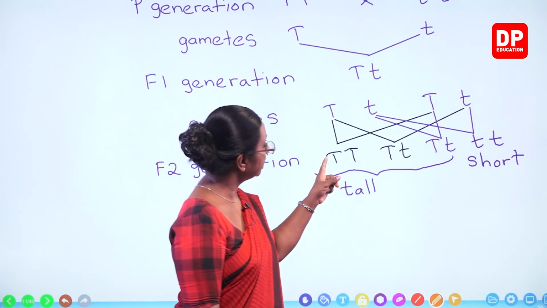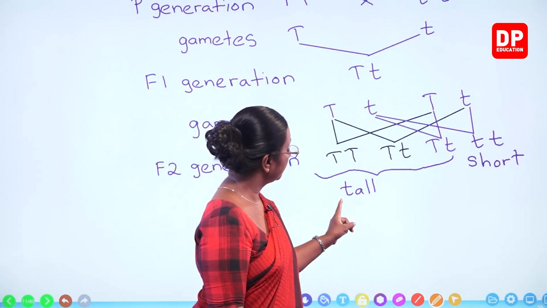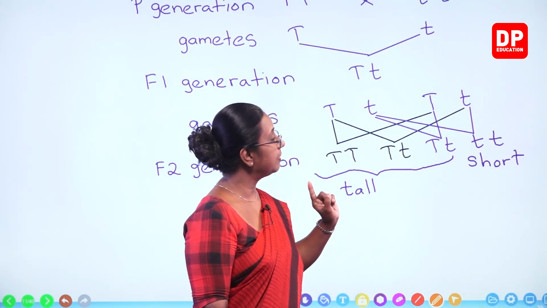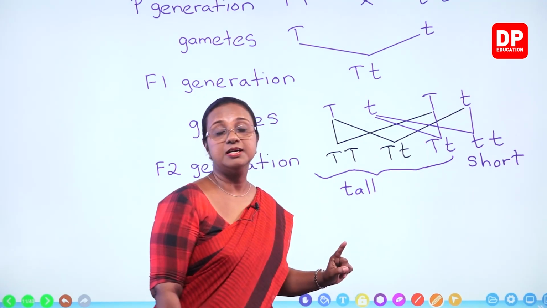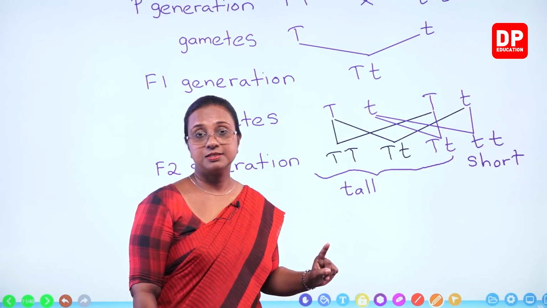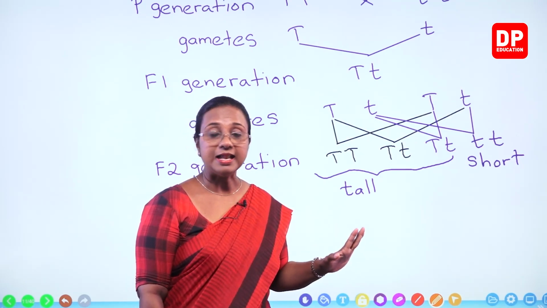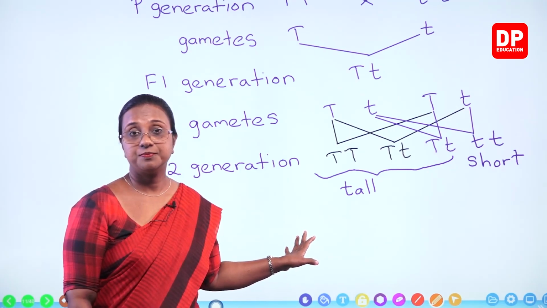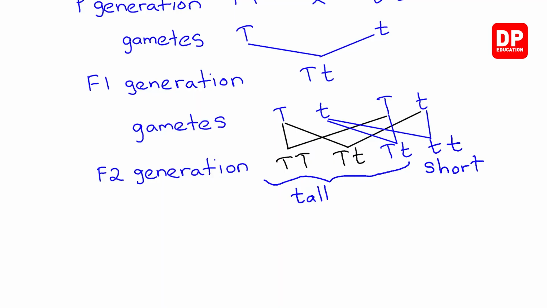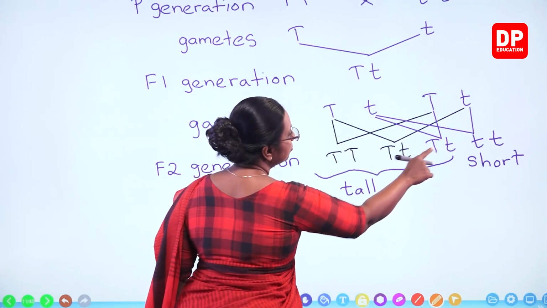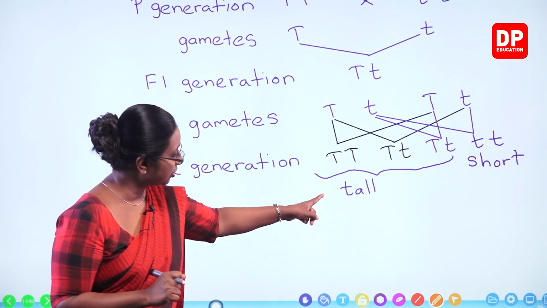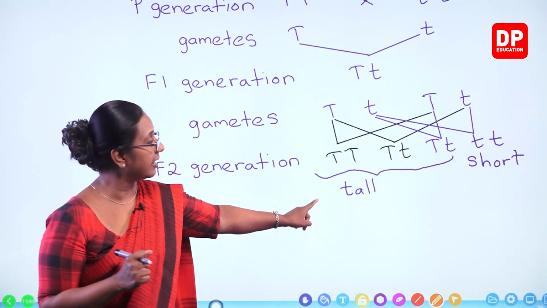So you have the homozygous tall plants, heterozygous tall plants, and homozygous short plants. That is how we get the F2 generation. So here in the F2 generation, students, you all can see 1, 2, 3. 3 combinations give rise to the tall plant, that is the dominant character.